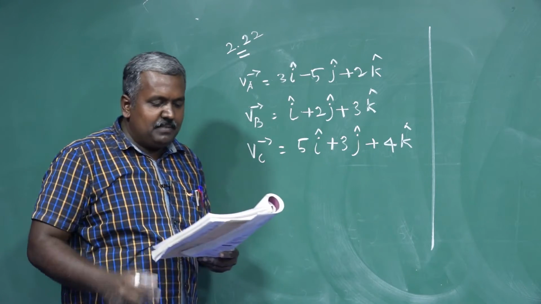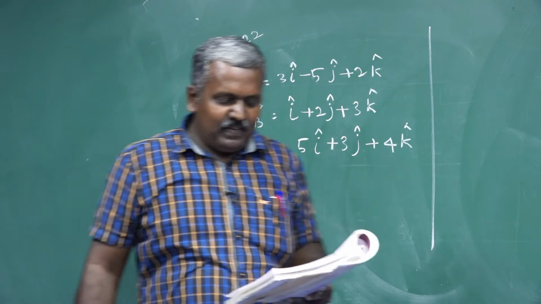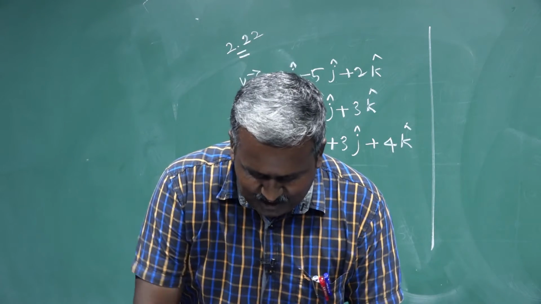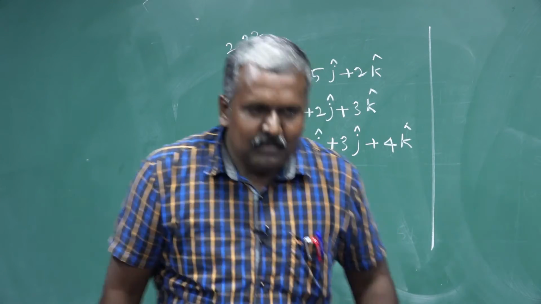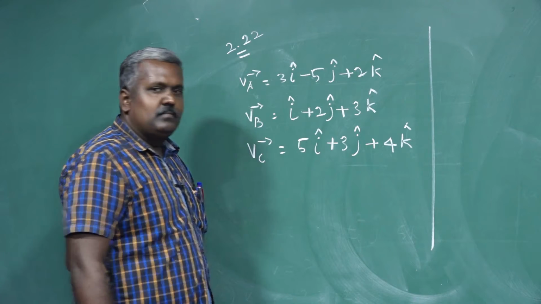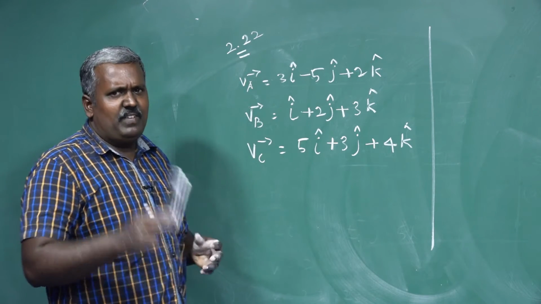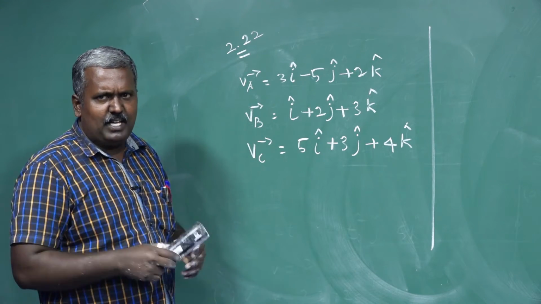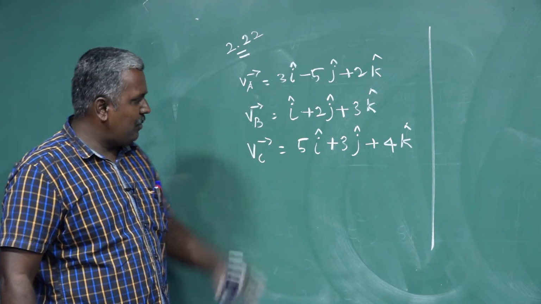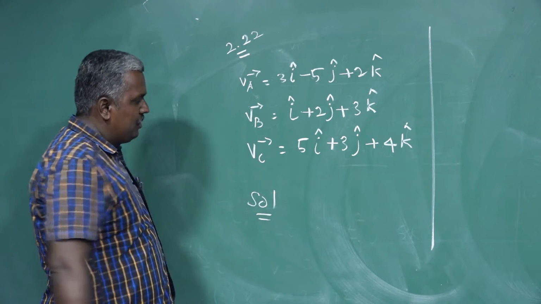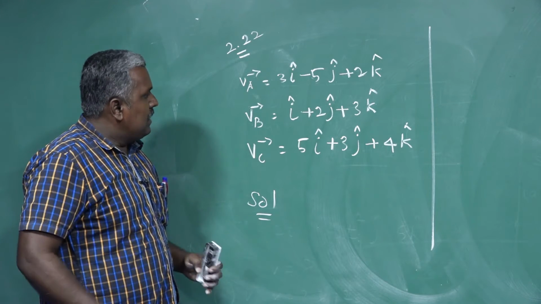Which particle travels at the greatest speed? What to do here? We must find the magnitude of velocity. That is called speed. One by one, to save time, I am going directly to the solution.